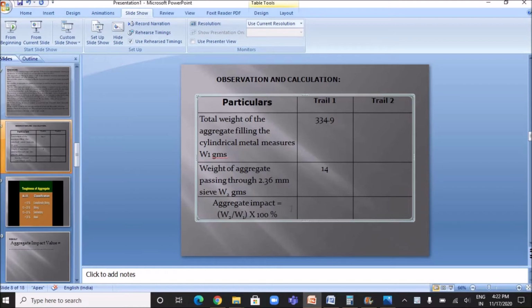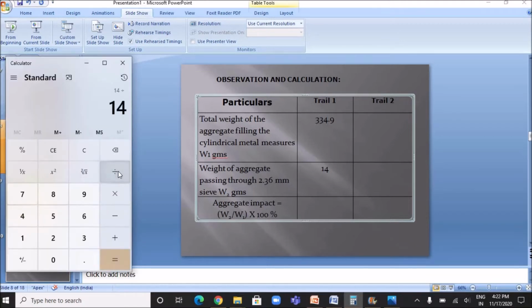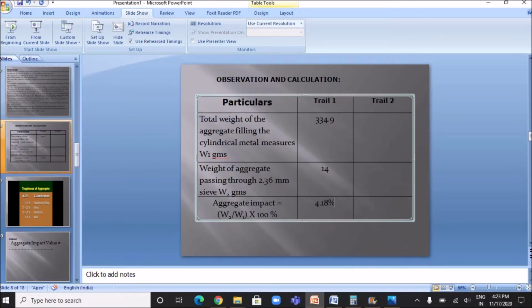So the aggregate impact value will be 14 divided by 334.9 multiplied by 100, which is equal to 4.18%.